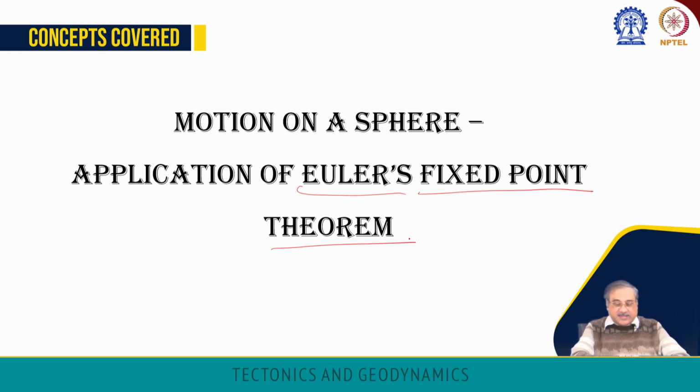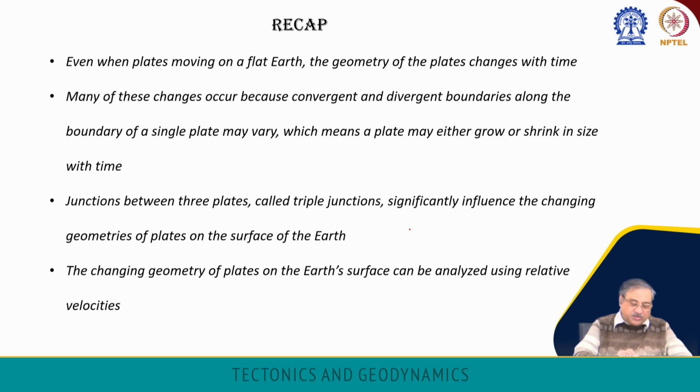Now, to understand this, we need to go stepwise. And the first thing I always prefer to do in any class is to have a quick recap of what we've learned so far. We now know that even when plates are moving on a flat Earth, the geometry of plates can actually change with time. What's the primary reason why changes take place?